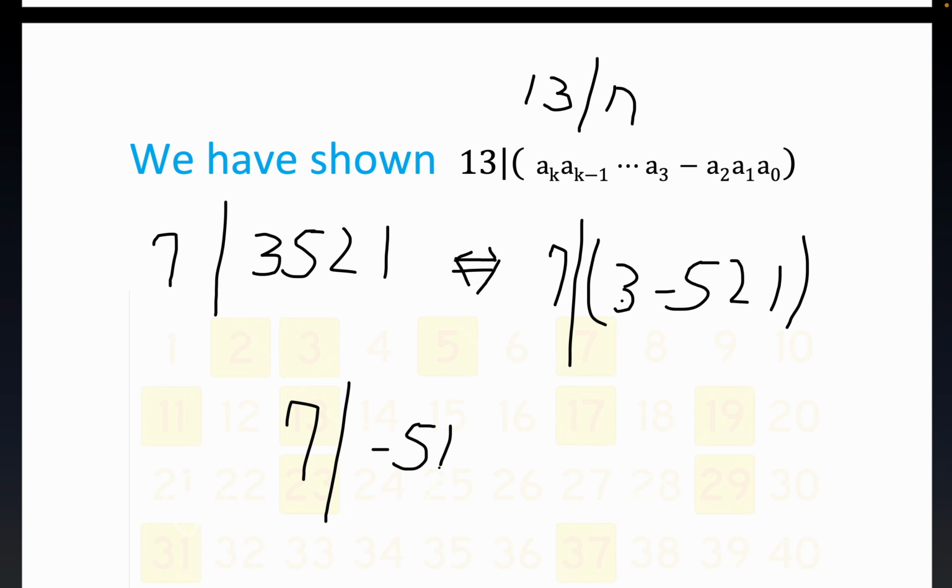And we should be able to do this in our head, folks. Minus 518, what is it? It's got to be equal to 7 times something.